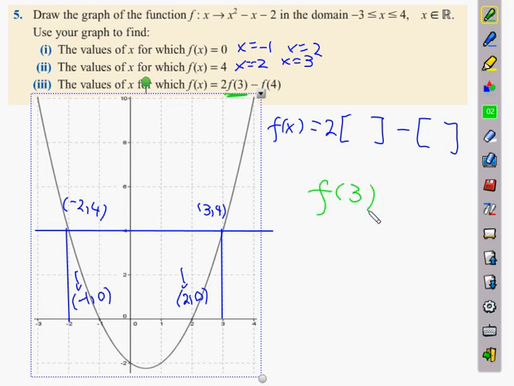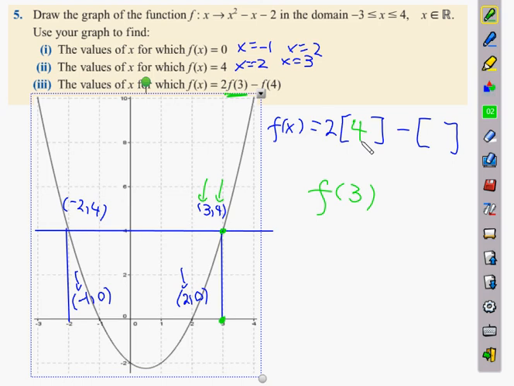So input of 3, which axis am I going to use? X-axis. Input of 3 is located here. What's the output then? The output is 4, because it's the point 3, 4. If the input is 3, the output is 4. That's 2 times 4.